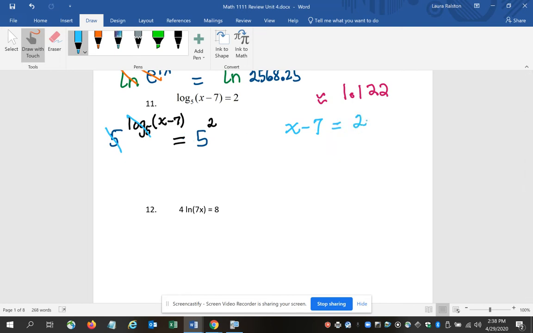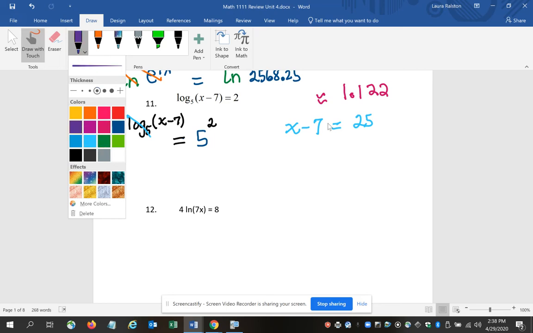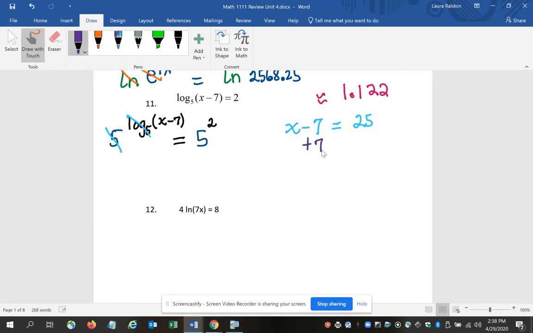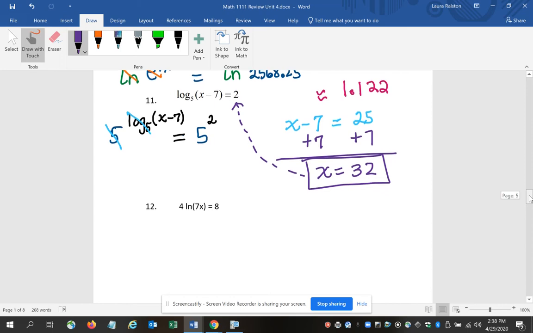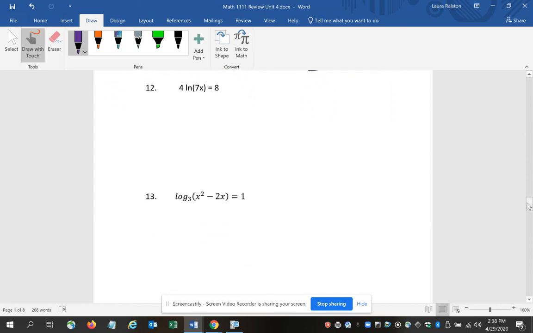And I can do that in my head. That's 25. And then I have just a good old everyday equation. I'm going to add 7 to either side. So x is 32. And again, I want to think about what happens when I plug that back in. Okay, my argument is not negative, it is positive, so I'm okay. Remember, your argument has to be positive.